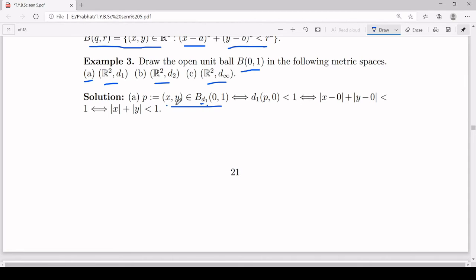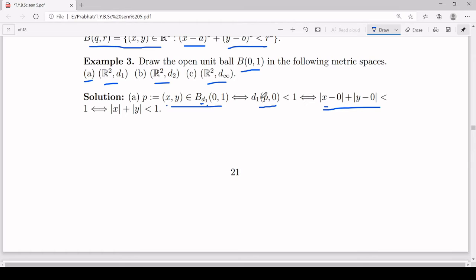So a point (x, y) will belong to B(0, 1) if and only if the distance between the point P and 0 is less than 1. Your P is (x, y). And the distance between P and 0 is less than 1 if and only if mod of (x minus 0) plus mod of (y minus 0) is less than 1. From where have this mod (x minus 0) and mod (y minus 0) come?